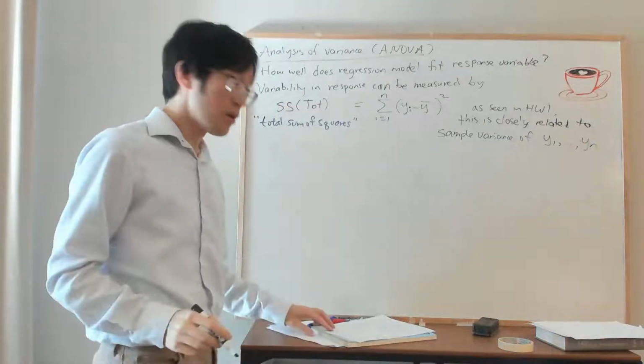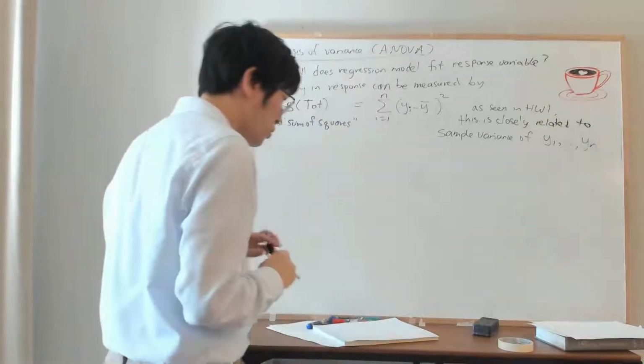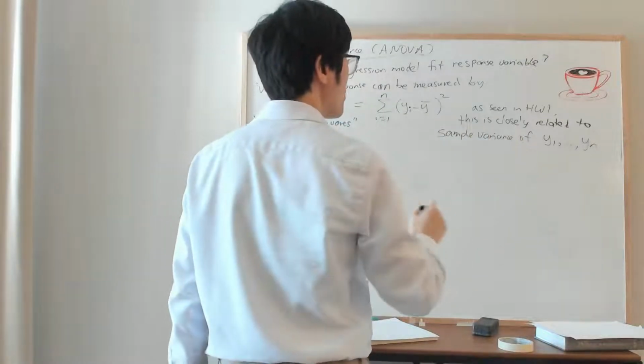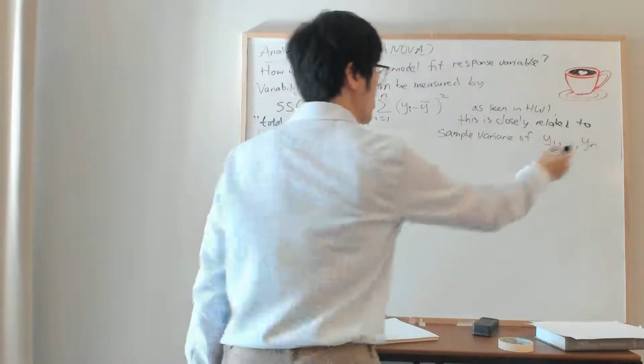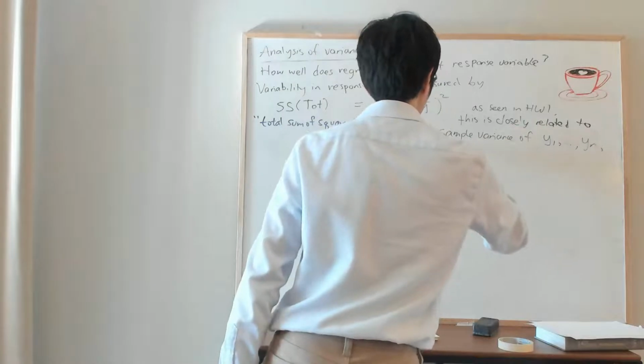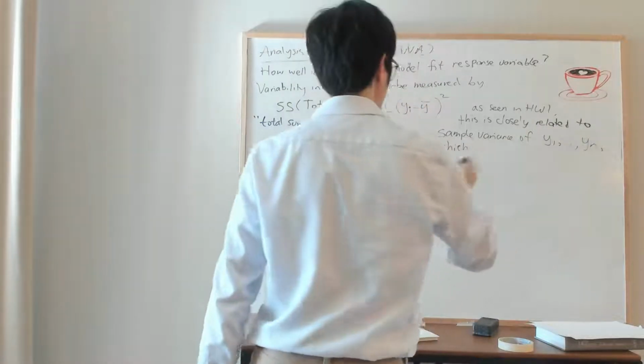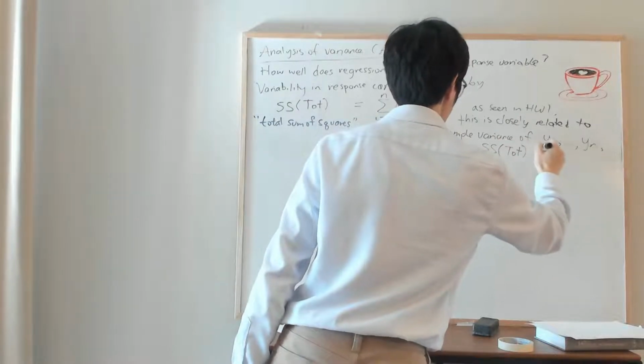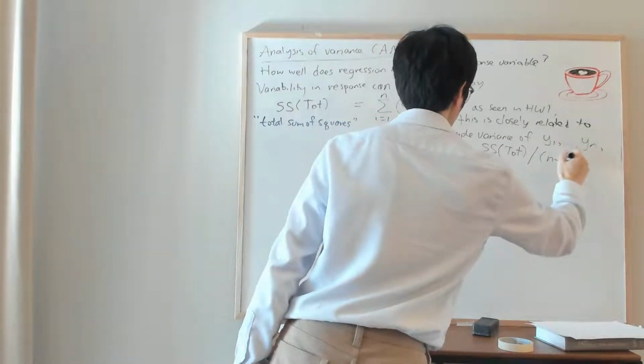Specifically, you should have shown that the sample variance has the sum of squares total as its numerator, divided by n minus 1.